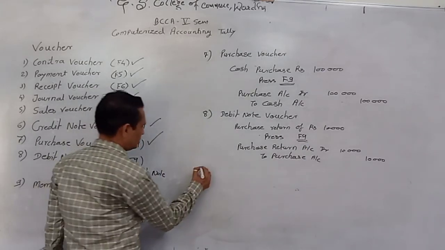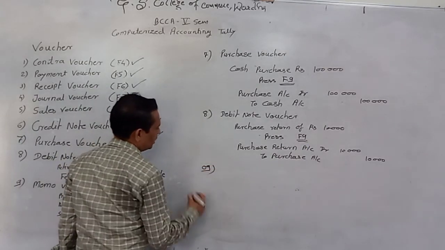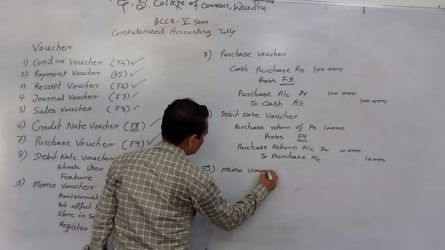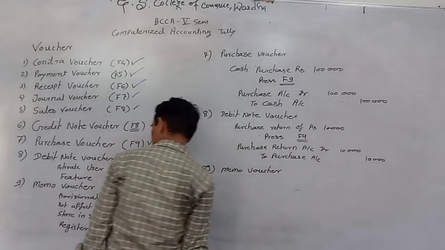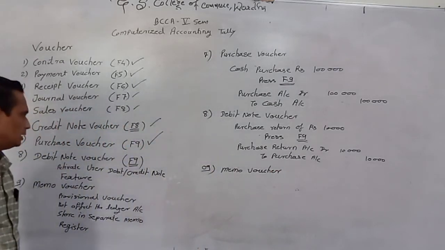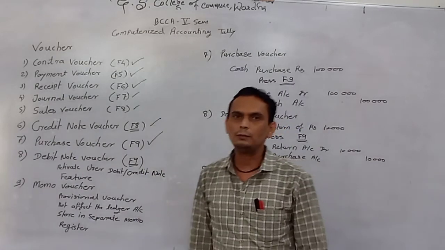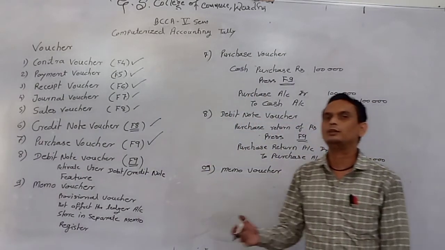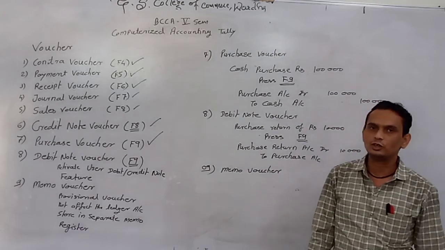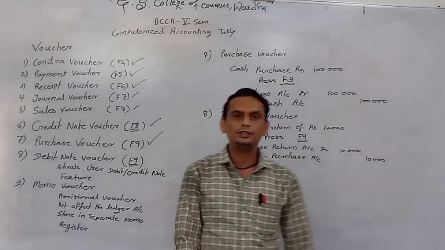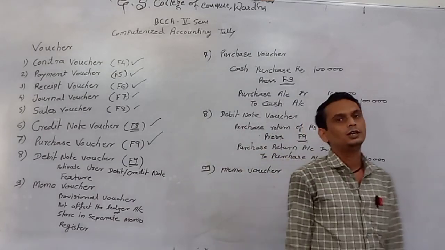Number 9, memo voucher. Memo voucher is a provisional voucher. We make a memo of the transactions, but those transactions never affect any type of ledger available in our company.